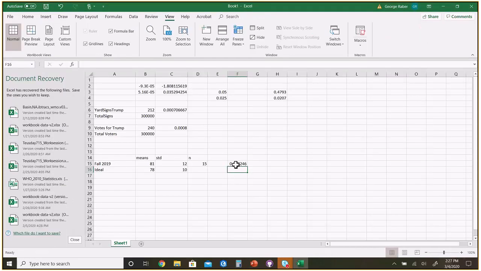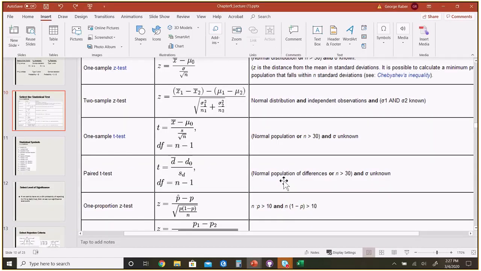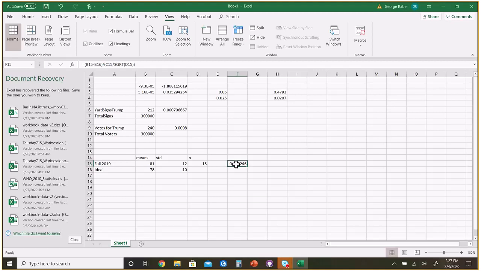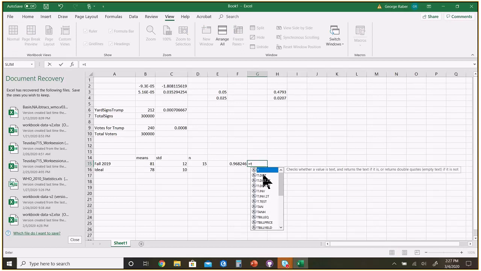Okay. Now this is the z-score, right? The t-score. This one right here, the t-score. So I could take that value and look it up in the table, or I could do the t distribution, which returns the left-tailed student's t distribution.